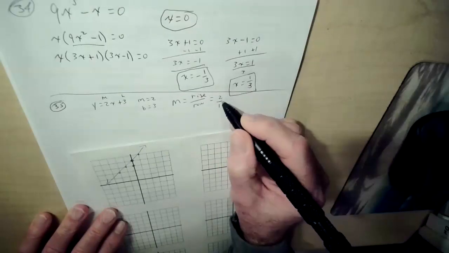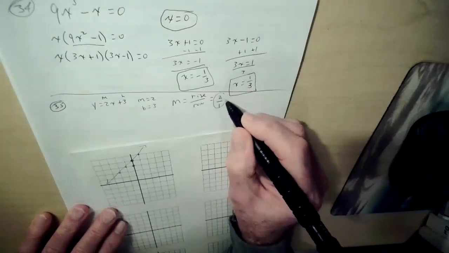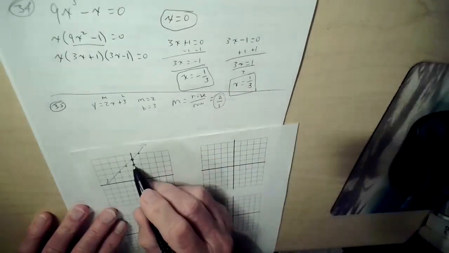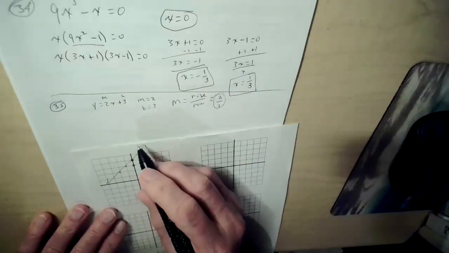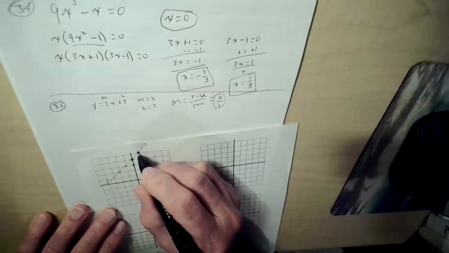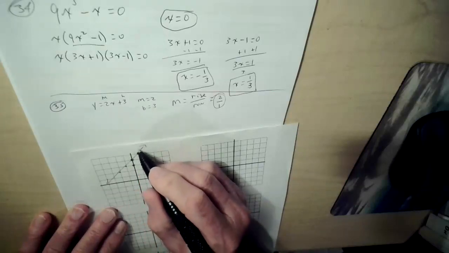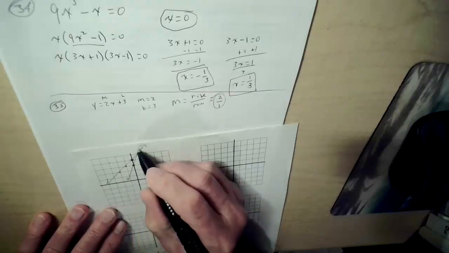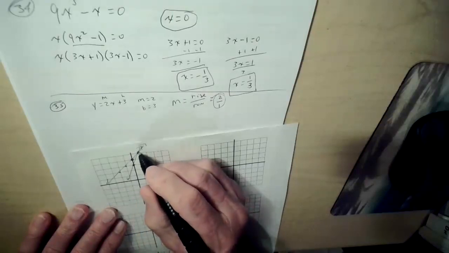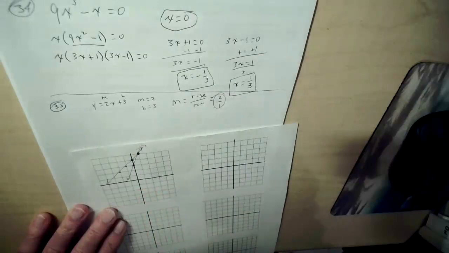In other words, how much does it go up or down? How much does it go side to side? Our slope is 2, which is actually 2 over 1. It goes up 2 and to the right 1. So it crosses the y-axis at 3, goes up 2 and over 1. There's our intercept right there.